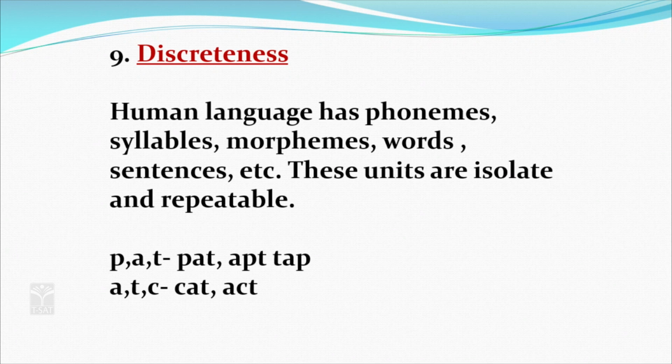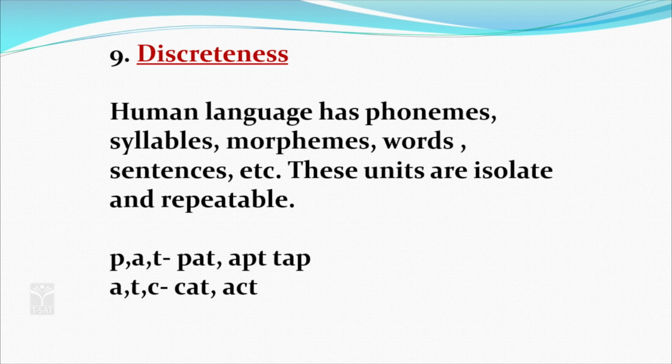So human languages are made of small units that constitute larger units. Human languages have phonemes, syllables, morphemes, words, sentences, etc. These units are isolable as well as repeatable.